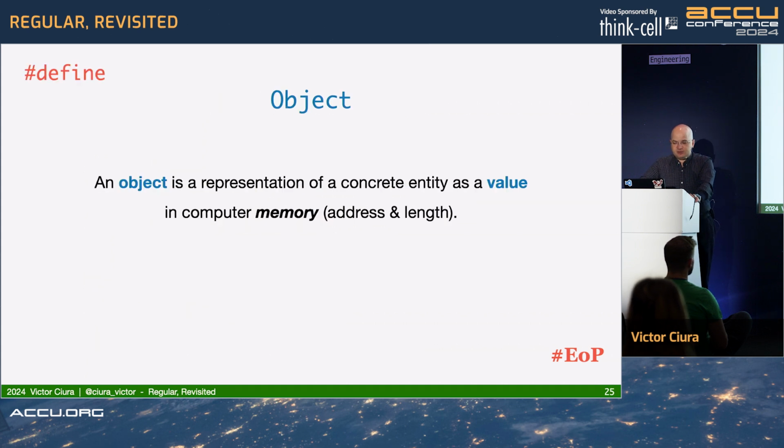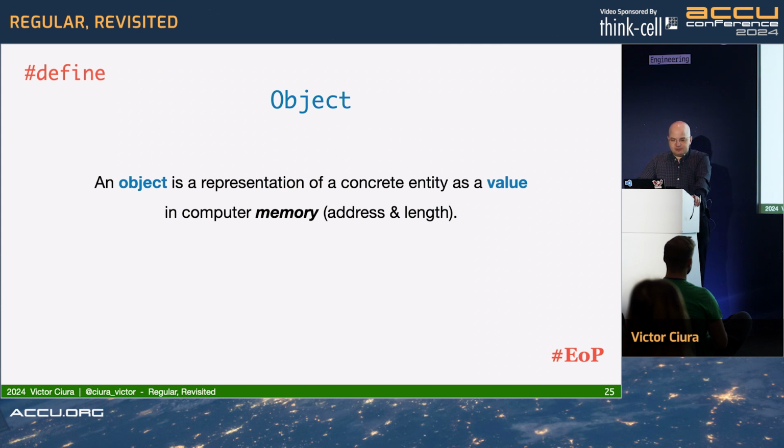And an object, and again, probably a few folks who went to Jonathan's talk on object lifetimes expected to construct an object and see destructors and constructors. Objects are not like OOP objects, right? They are representations of these concrete entities as values in computer memory, as defined by their address, length, alignment, and so on.